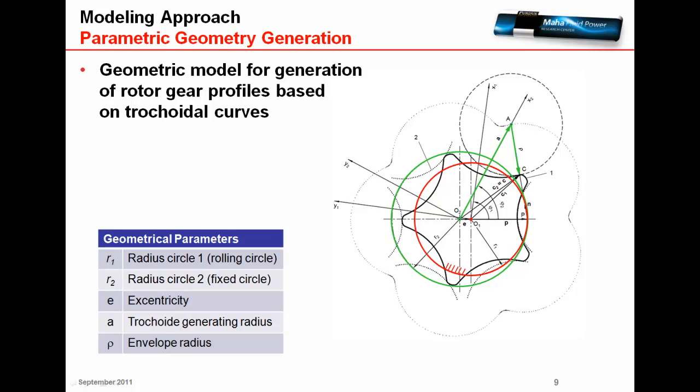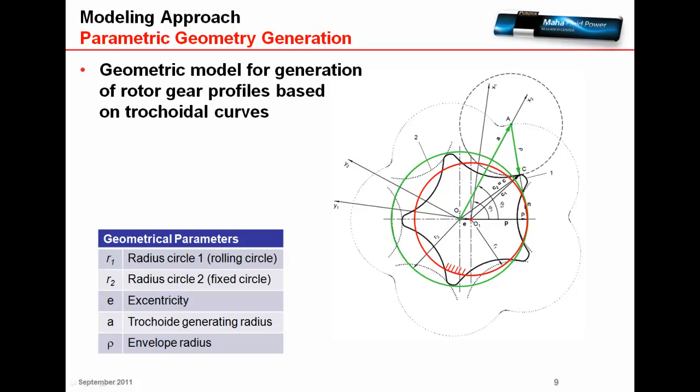The geometric model generates the gear profiles based on trochoidal curves and their envelopes. A trochoidal curve is traced by a point A that is rigidly connected to a circle, which is rolling without sliding along the inner or outer circumference of another circle. This creates a basis trochoidal curve, but this curve contains unwanted spikes and it cannot be used as a rotor profile.